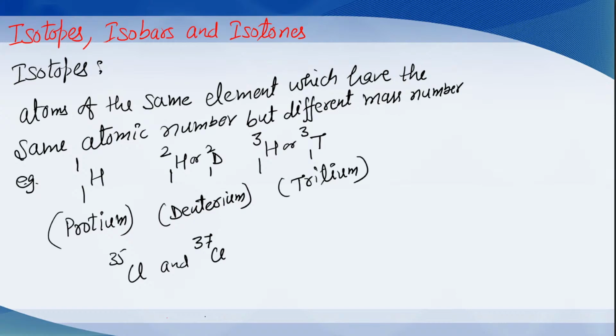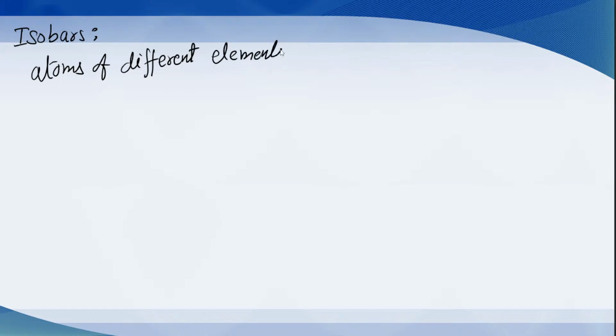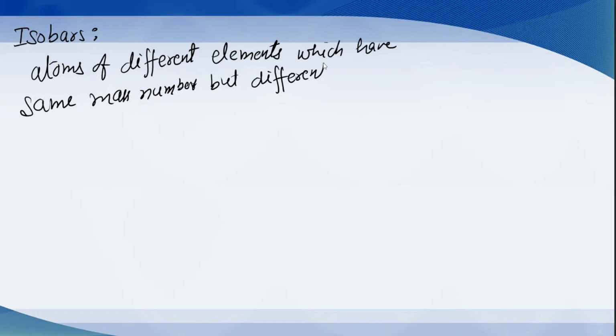Next is isobars. Isobars are atoms of different elements which have the same mass number but different atomic number.